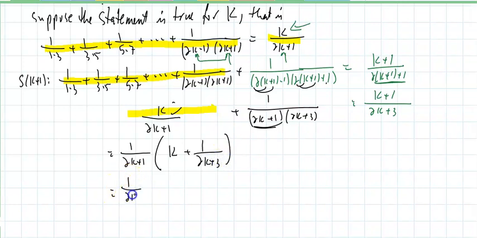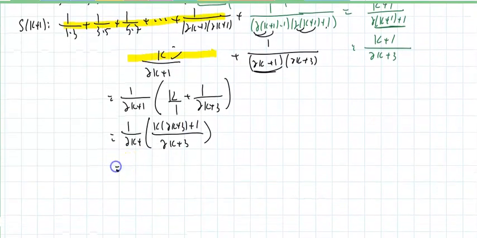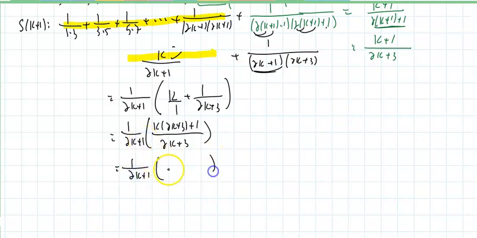I know exactly what to do. This piece, I'm going to leave it alone, and I'm going to work this out. The common denominator is 2k plus 3. Multiply top and bottom by that. Isn't that 2k squared plus 3k plus 1?